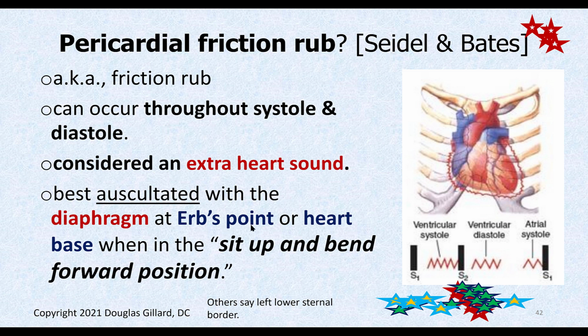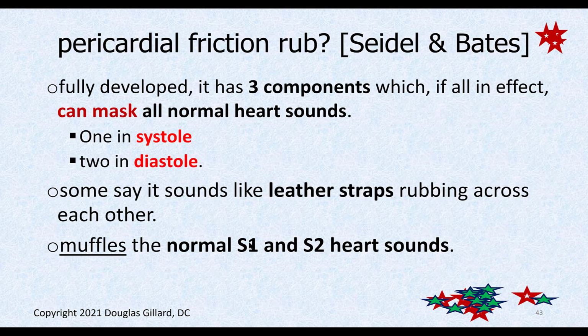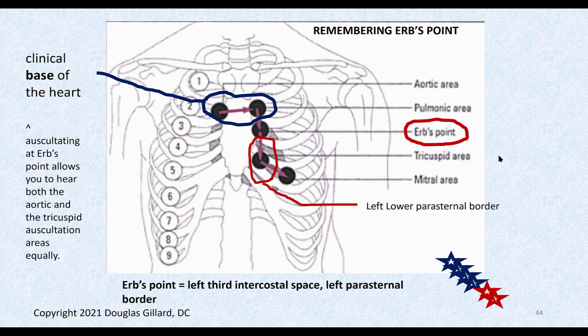For chiropractors, that's Erb's point, or even the base of the heart, but we'll go with Erb's point. And yeah, when fully developed, it has one in systole and two in diastole. Some people say it sounds like leather straps rubbing across each other in those three instances. But it muffles the regular heart sound, so you can't make out lub-dub very well anymore.